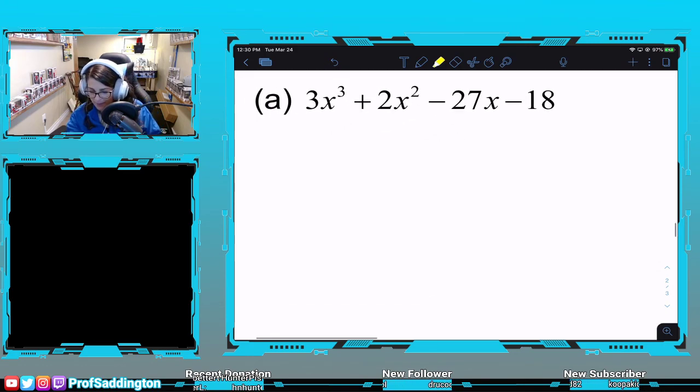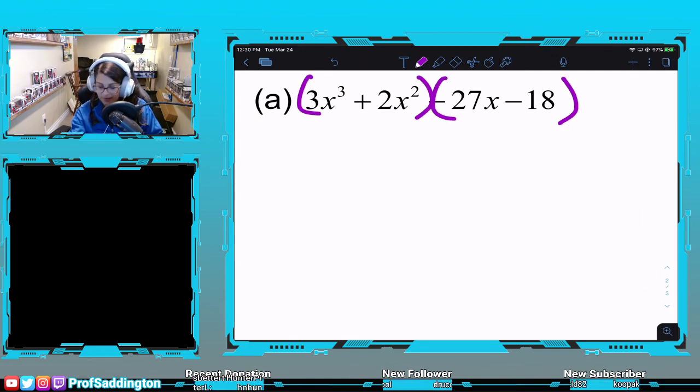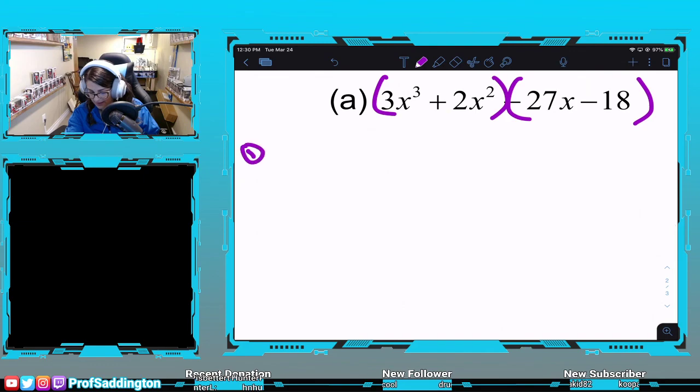So, example A. First step is bundle them separately so that you know how to factor them. So let's say bundle the pairs.